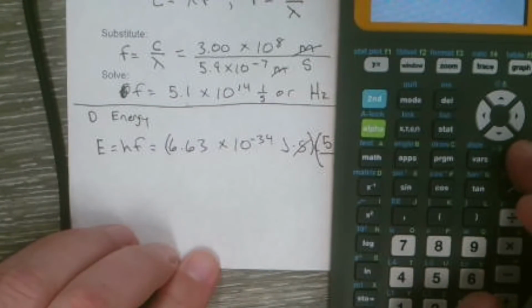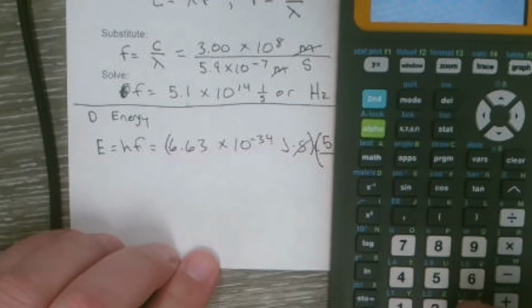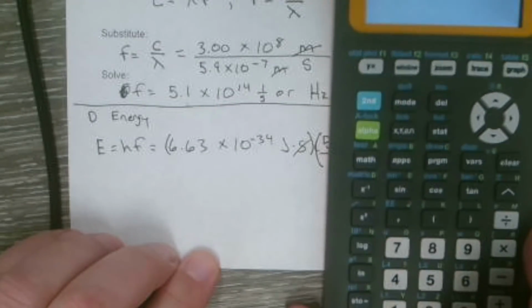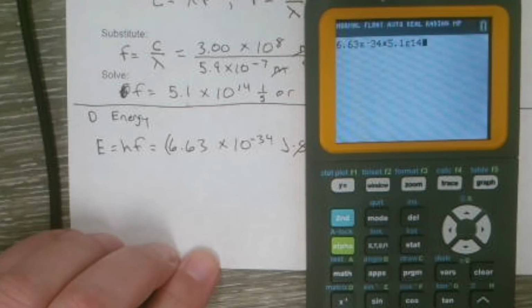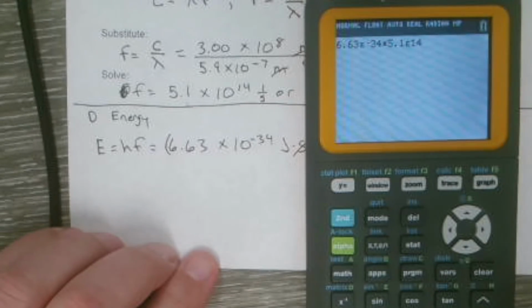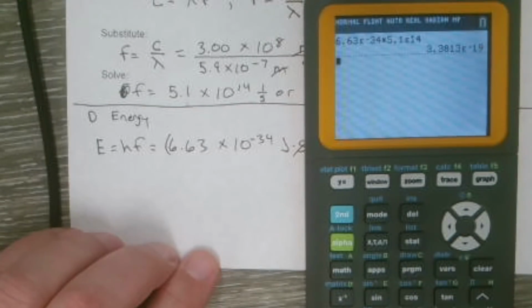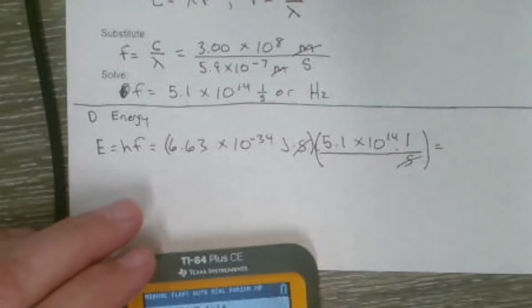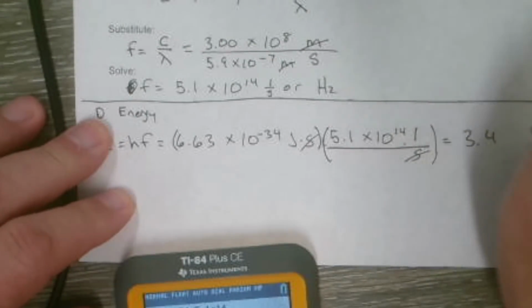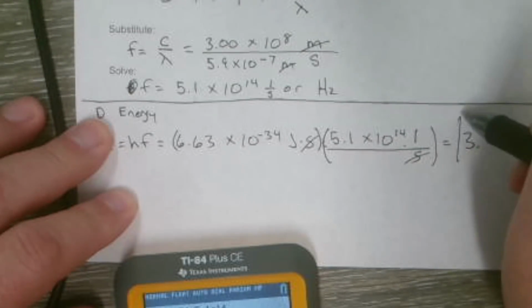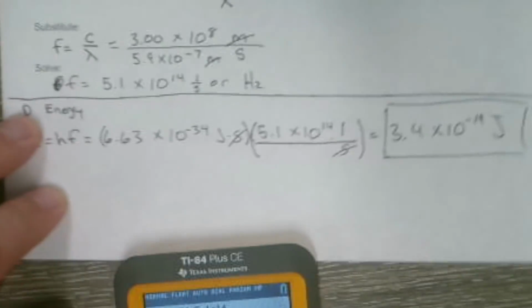So we punch this in. So 6.63 times 10 to the negative 34th times 5.1 times 10 to the 14th. That's going to give you 3.4 times 10 to the negative 19. The unit, joules. There we go.